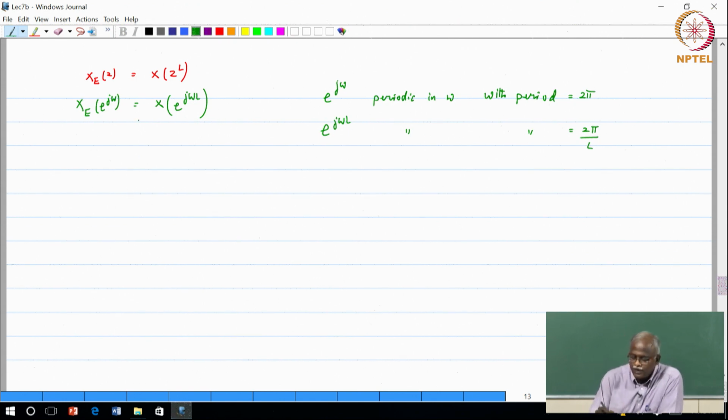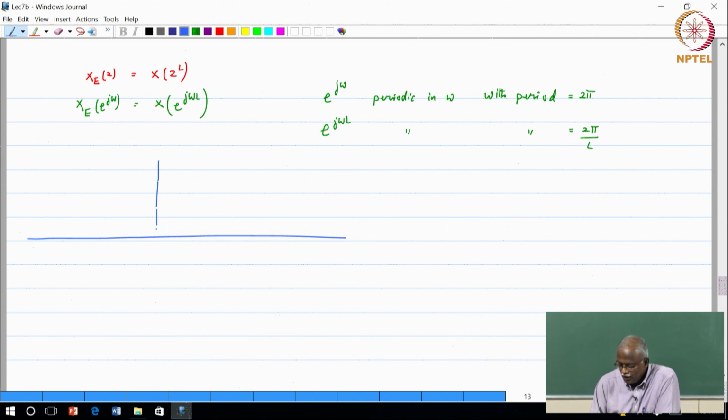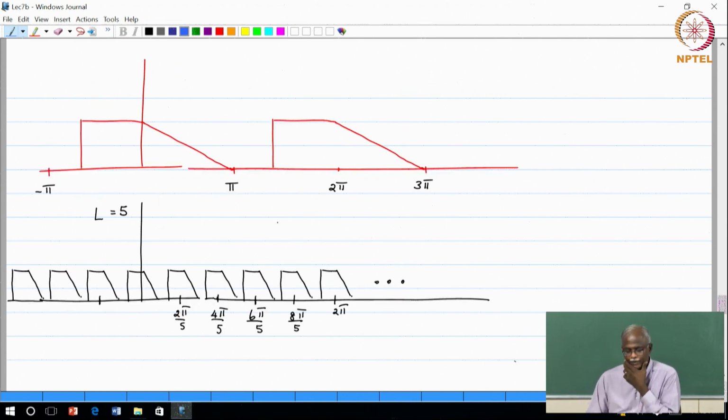Okay, so what does this mean, and how do we understand it? We have understood the time domain, what happens with the expansion. Now, the frequency domain interpretation is equally important. So, let me show you a figure that will help us.